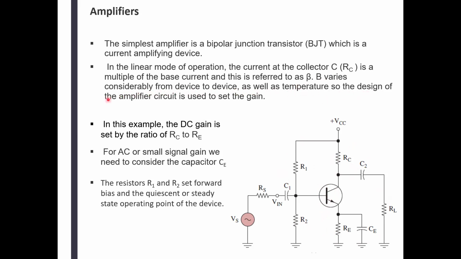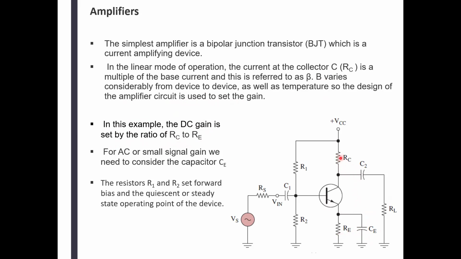So the design of the amplifier circuit is used to set the gain. In this example, the DC gain. DC gain, forget that capacitor that is here. It's a bypass capacitor. So in this example, the DC gain is set by the ratio of RC to RE, the collector resistor and the emitter resistor.